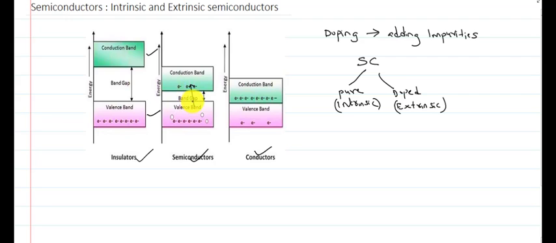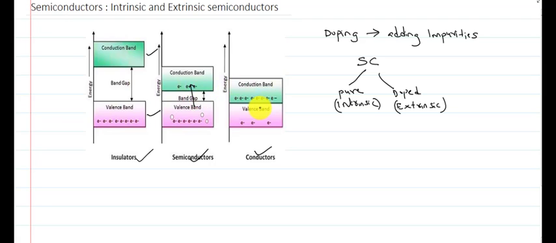So semiconductors are partially conducting devices and their energy gap is very small. Examples are silicon and germanium. The band gap of silicon is 1.1 electron volt. The energy gap value is specified in electron volt, which is a unit of energy.